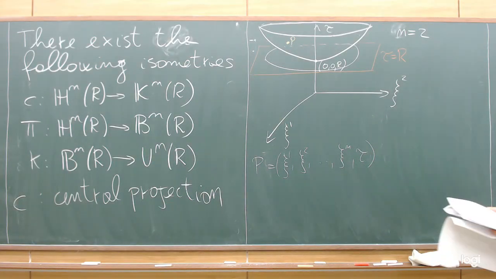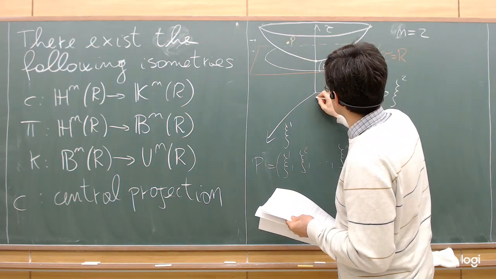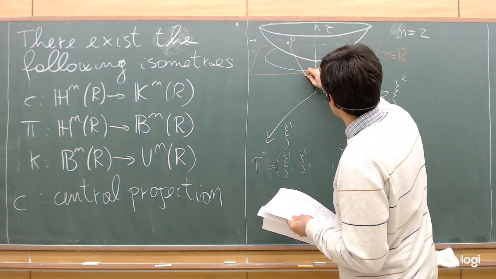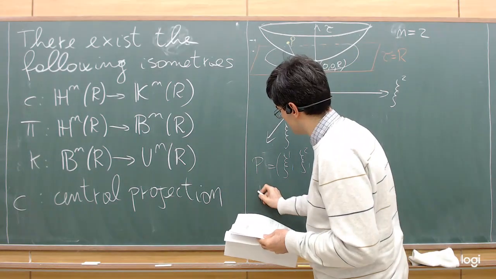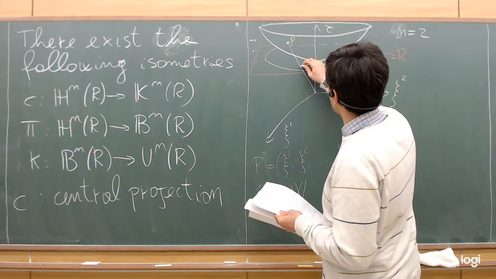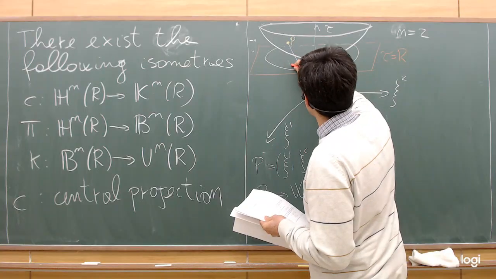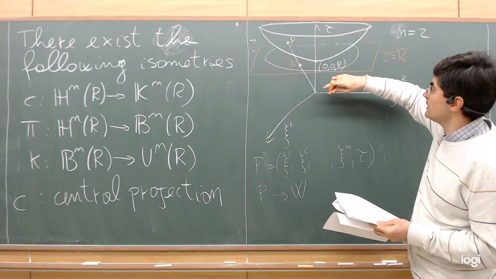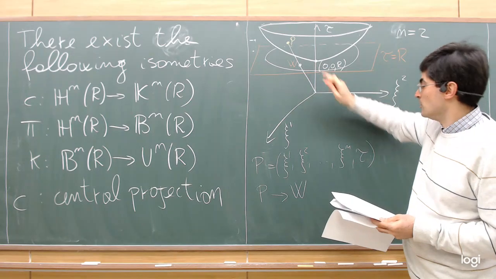Then we consider the straight line joining this point to the origin, and we associate to P the point W given by the intersection of this straight line with this open ball.